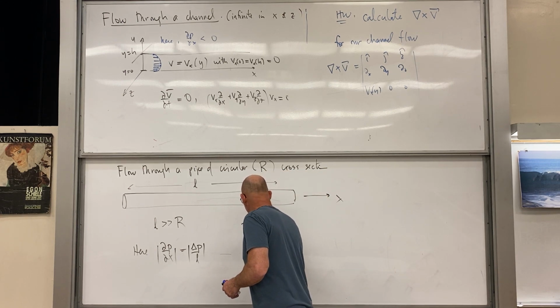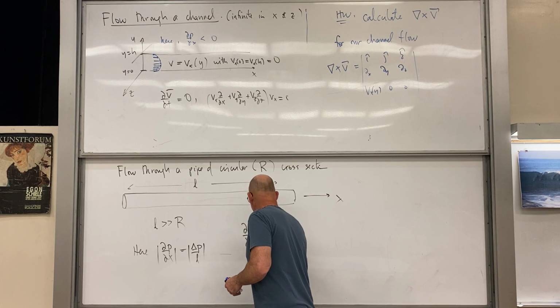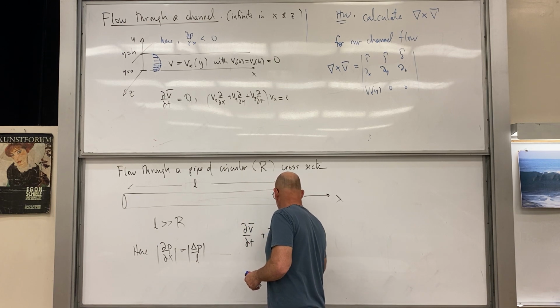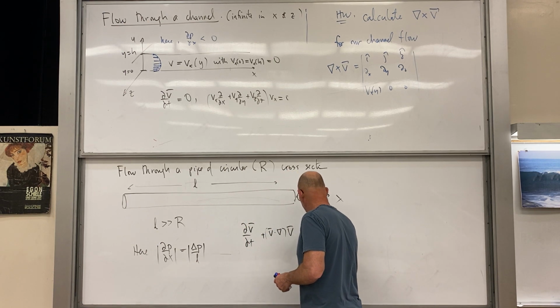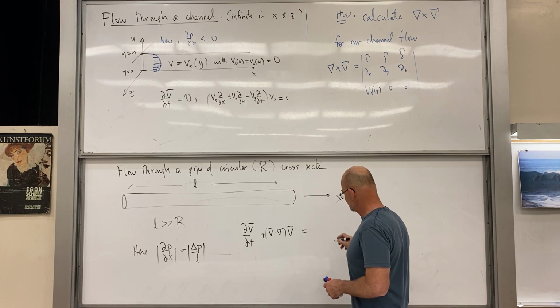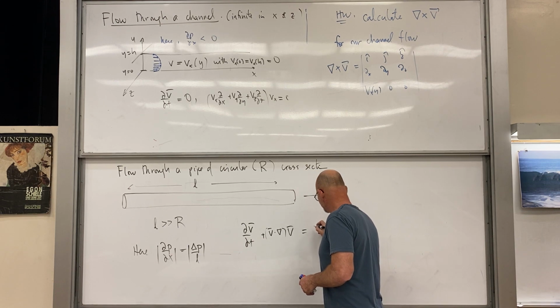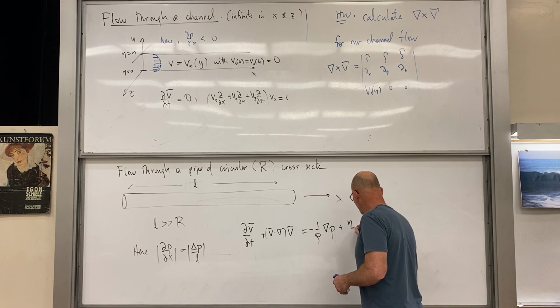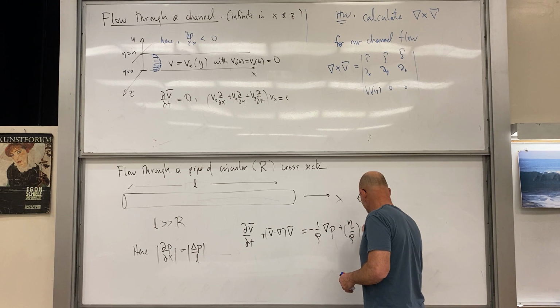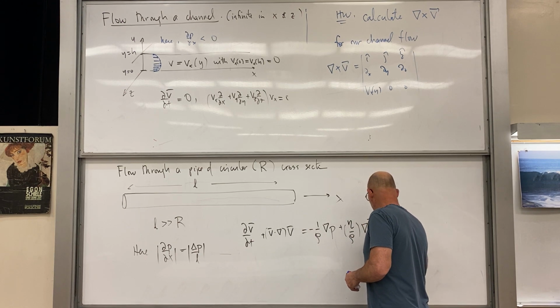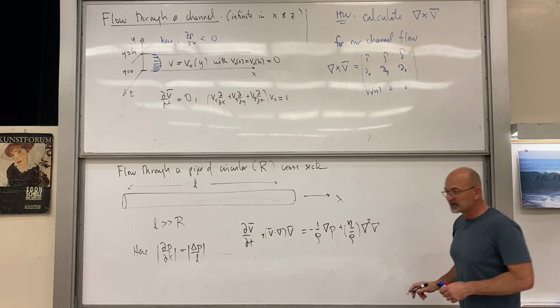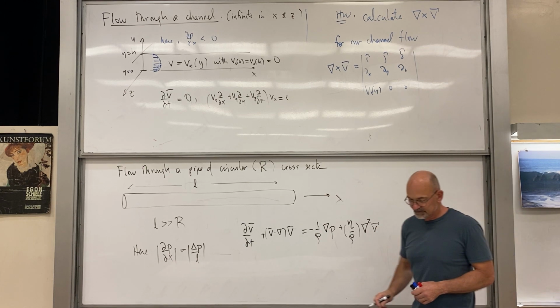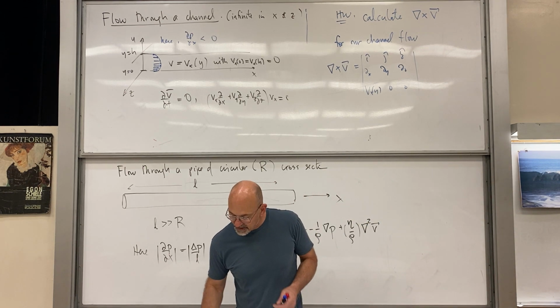So we'll have dv dt plus v dot grad v is going to be equal to minus 1 over rho gradient p plus eta over rho del squared v, and we'll just start to analyze this thing.